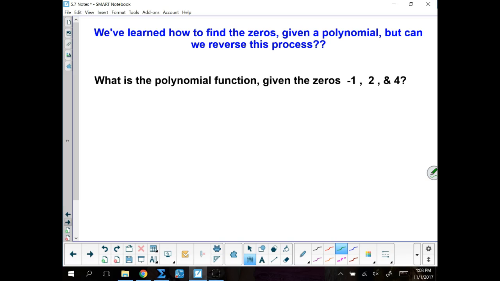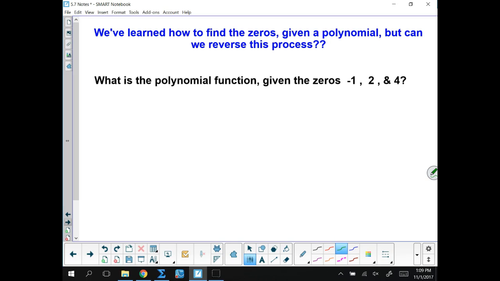Instead of ending with the zeros, I want you to end with the polynomial function. Provided you stay consistent and do every problem the exact same way, you'll have no problems. You'll be just fine.